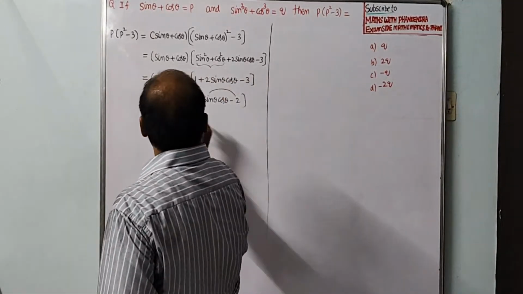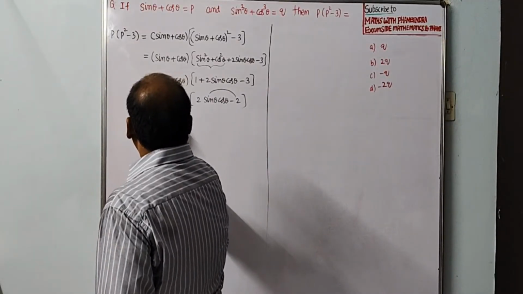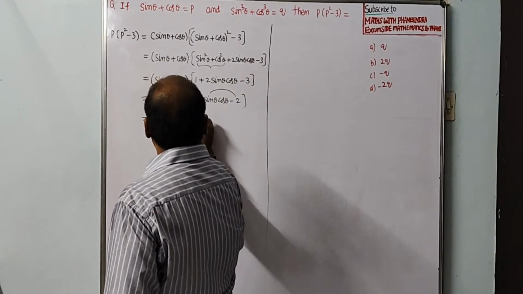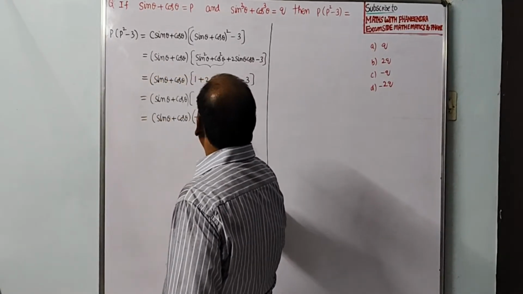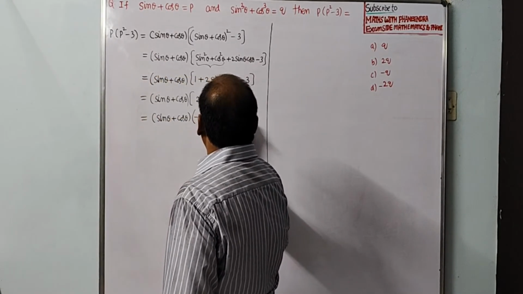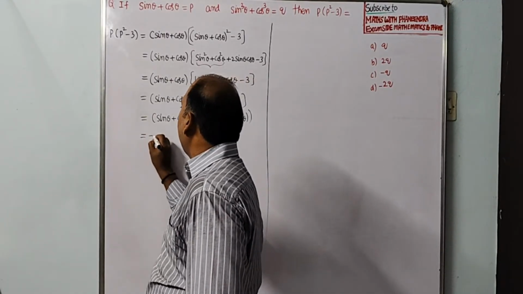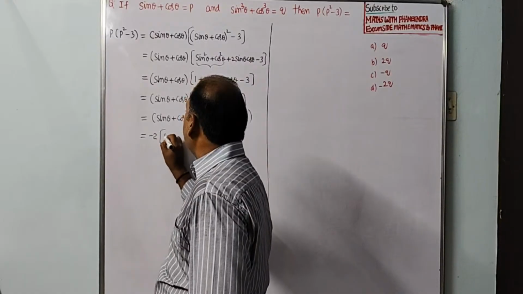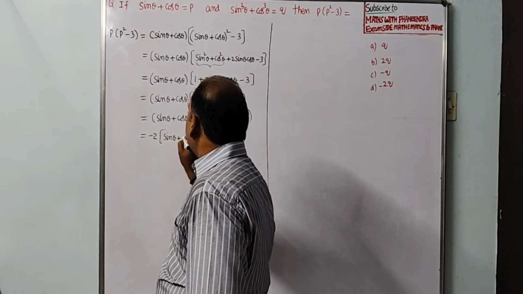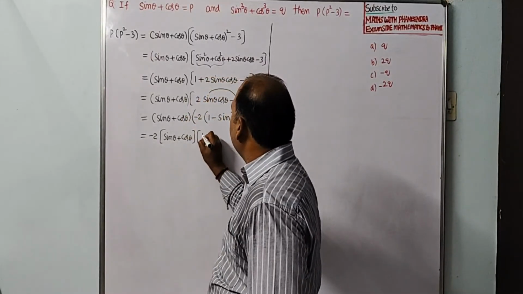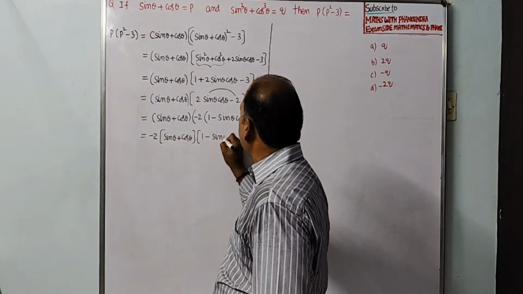So from these two, sin theta plus cos theta into minus 2, if we take out common, 1 minus sin theta cos theta, am I right? So minus 2 write in the first term, the remaining terms sin theta plus cos theta, keep bracket, and the rest of them 1 minus sin theta into cos theta.